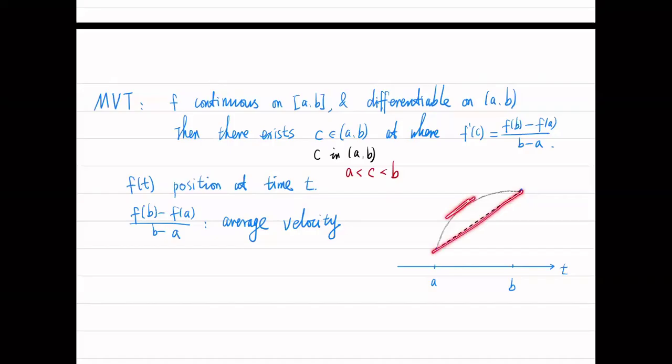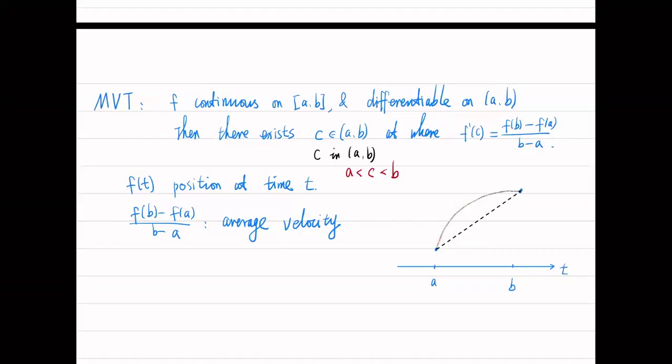Okay, let's pick. If I pick this point, Zichen, what do you say about the slope at this point compared with this one? If we pick this point, the slope is higher than average.